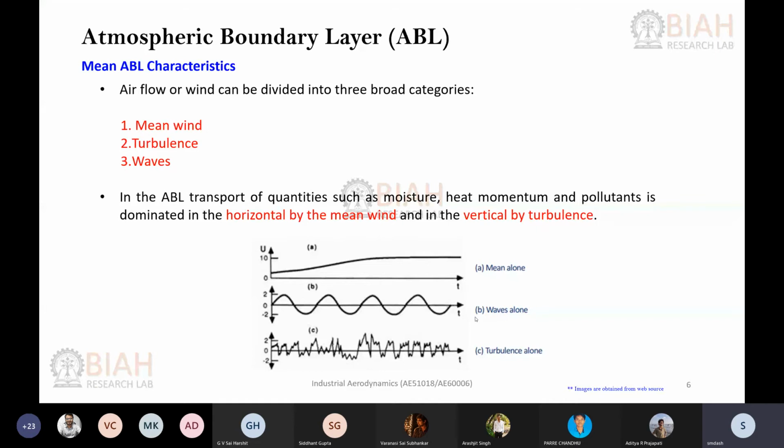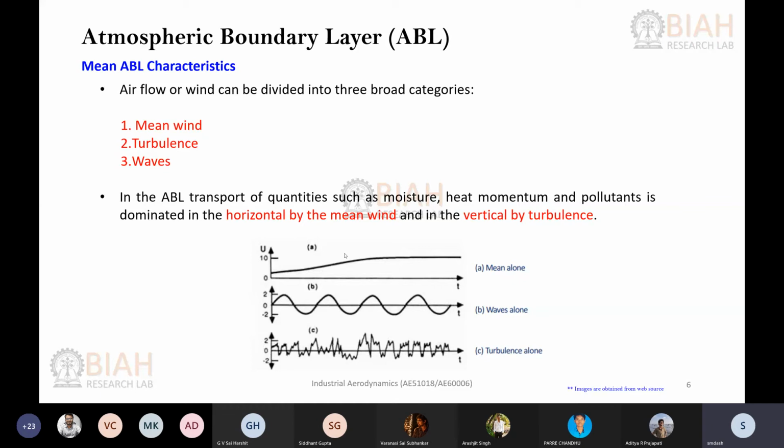That may come from various atmospheric circulations, and they may be periodic or aperiodic. This is separately shown here in the waveform, the periodic waves. And the small scale fluctuations can appear because of several industrial settings, or even urban areas, which may lead to small scale eddy formation.